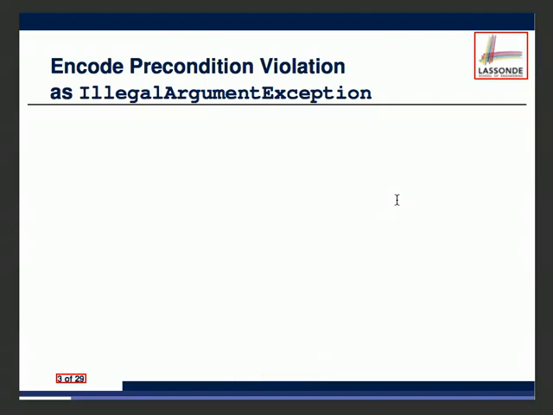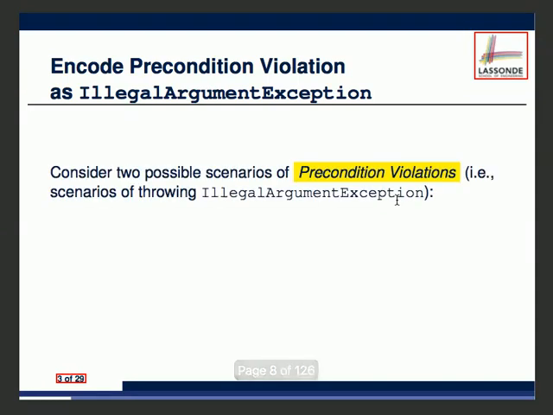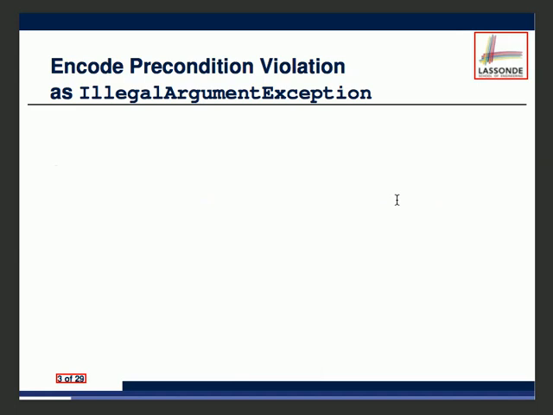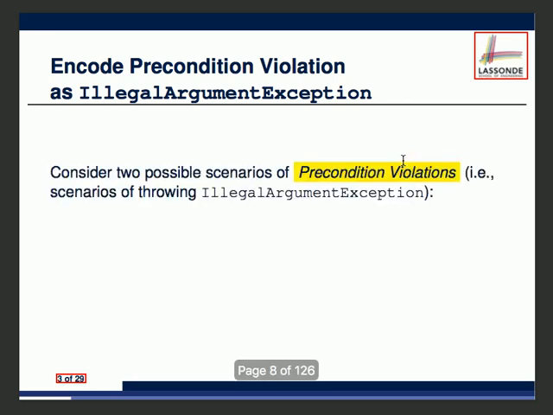Okay, you also talk about how you can encode precondition exceptions, right? So let's say, in this case, we actually got two kinds of precondition violation, okay? So now, let's consider two possible scenarios where we might have some precondition violations.